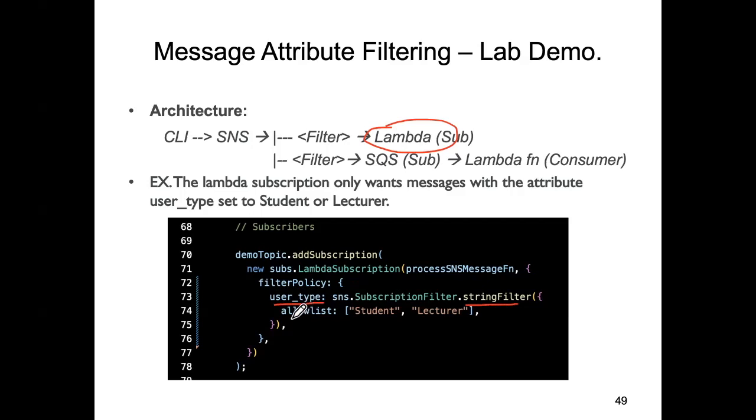In terms of the condition, I'm specifying an allow list, and I'm saying student or lecturer, which is an array of strings. So the net effect is that I'm allowing any message that has the attribute user type associated with it, and the value of that user type can be that or that. Okay. The syntax is a little bit clumsy, but that's how you interpret it. It's kind of declarative.